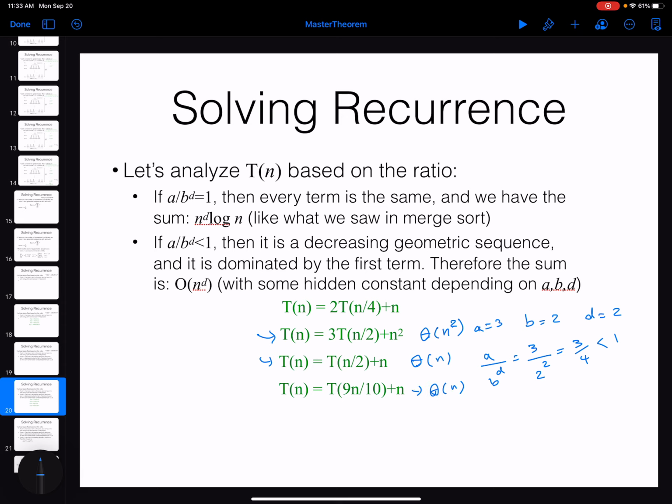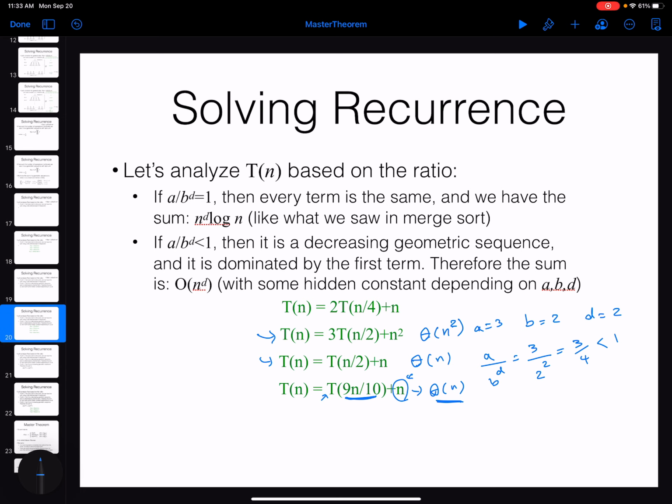You see, in fact, for all of these, if the coefficient, the value of A, is 1, and this is a term which is smaller than n, whatever is going to be the value of this one is going to be the result of the final complexity. So these are different examples of the second case.